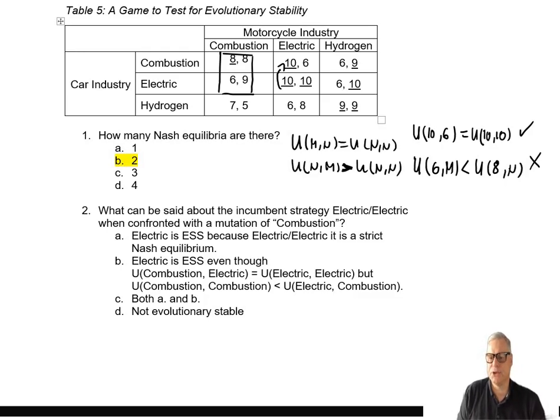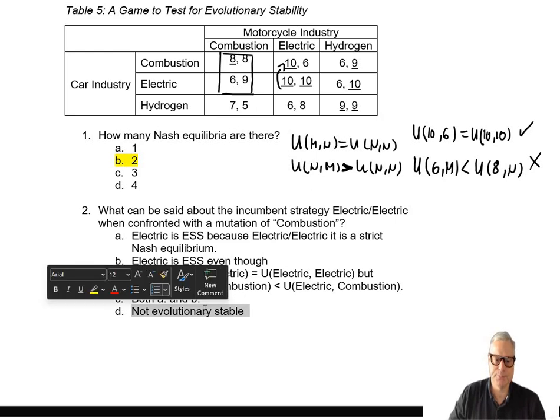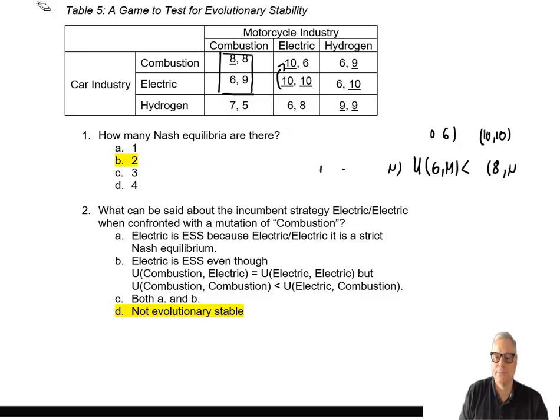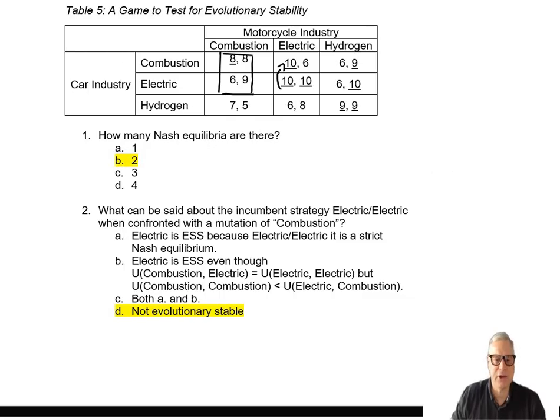You see, the 6 is less than the 8. Therefore, electric is actually not evolutionary stable. In other words, the mutation combustion will successfully infiltrate. That is something we can already observe in some countries where they said, you know what, this whole electric vehicle business, maybe we should still stick to combustion.